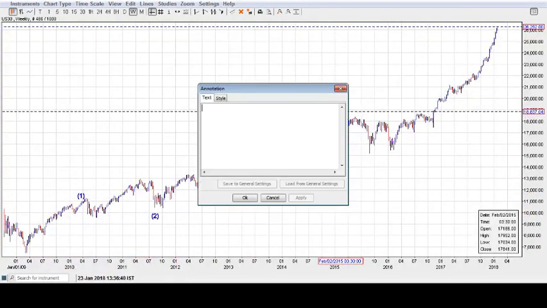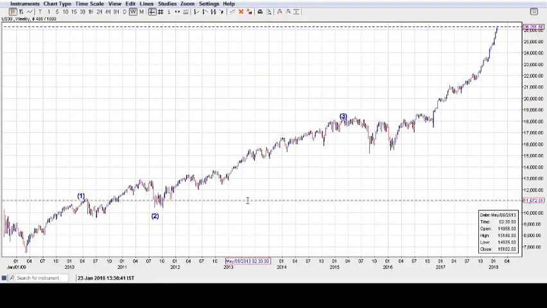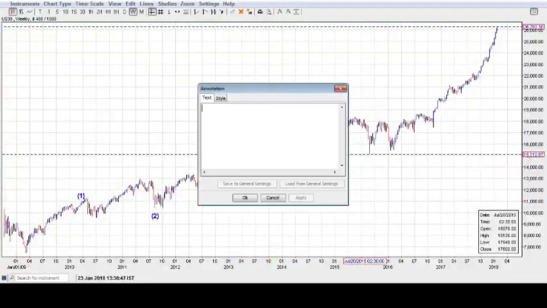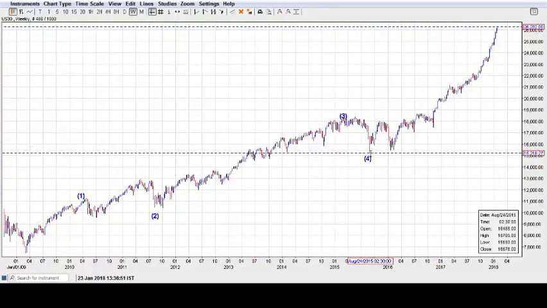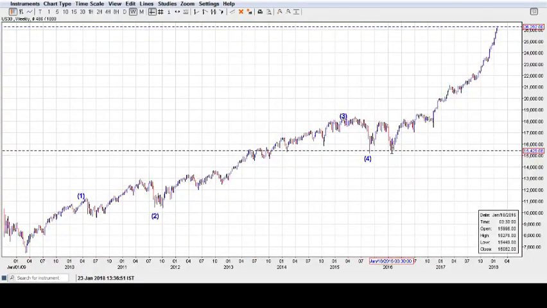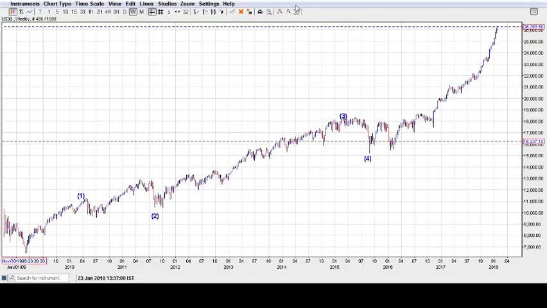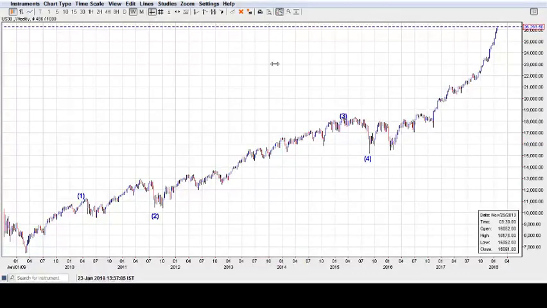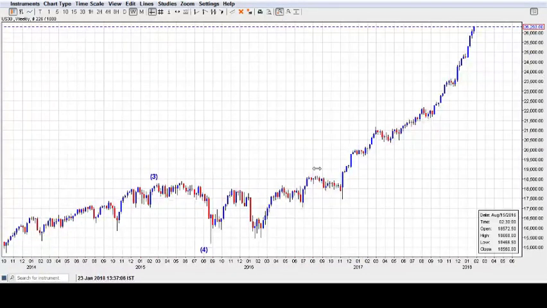That was wave one, wave two, wave three, which went all the way towards the 18,000 plus handle, and then that's wave four, bringing us to early 2016 levels, 18th of January, 2 years back. And after that, if we start counting waves, we might have just completed the fifth wave.